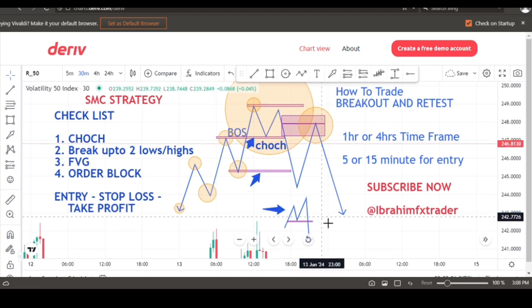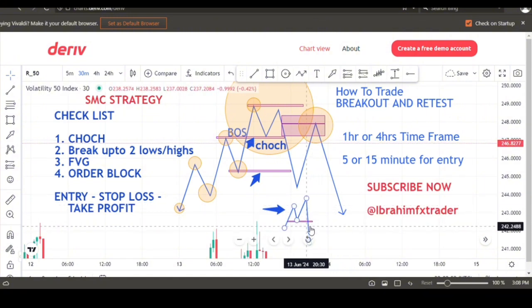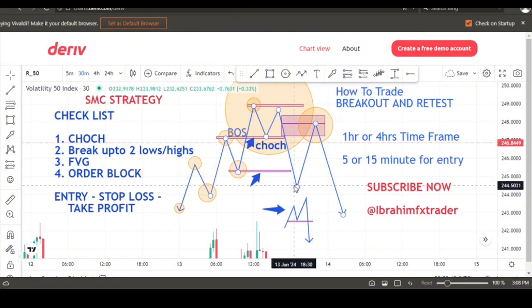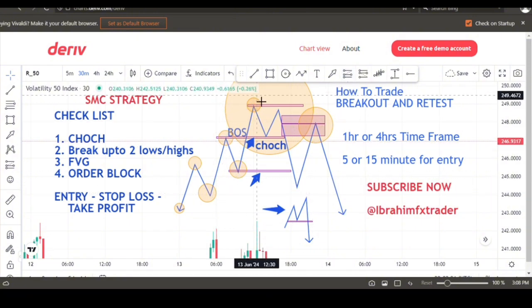So you have to get a change of character in the 5 minutes or 15 minutes time frame like this for your trade confirmation and for your entry. Once the trade breaks out the structure, just enter right here.